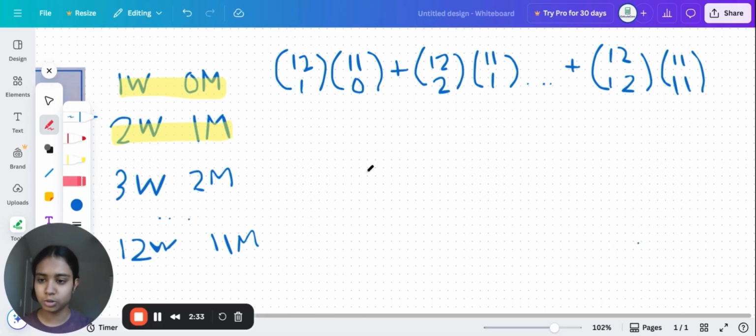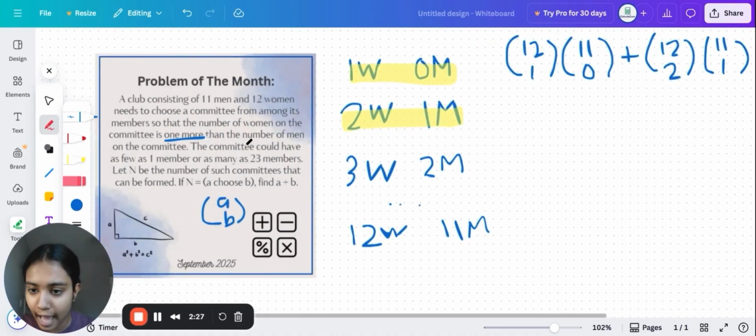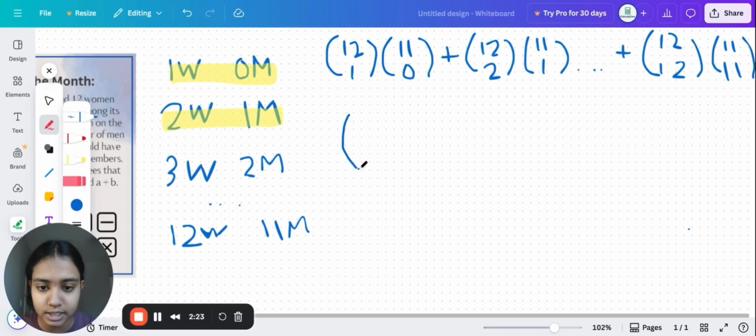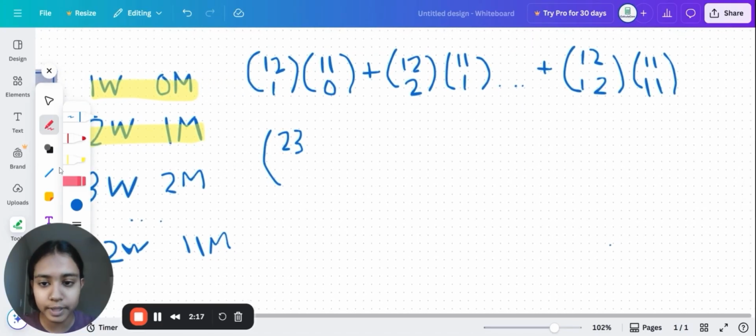Now how exactly could we go about finding the solution given all of this? We know the maximum number of members on the committee is 23, so we should have a 23 in our A value to find the maximum. To get an A value of 23, we can group the first term and the last term together, because 12 plus 11 gives us 23.